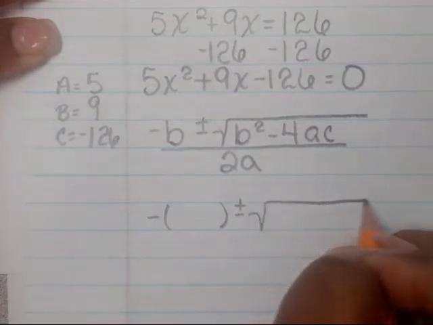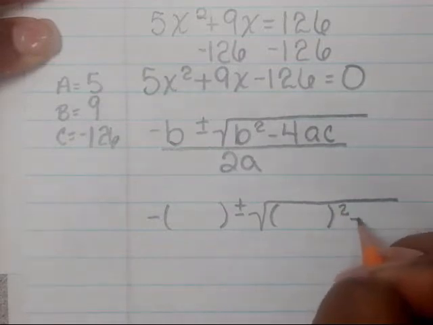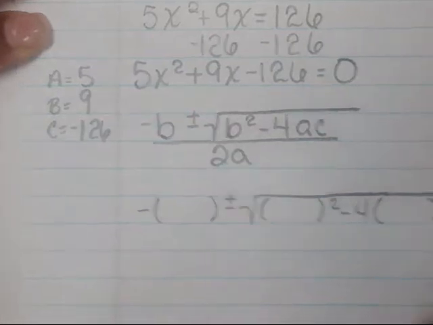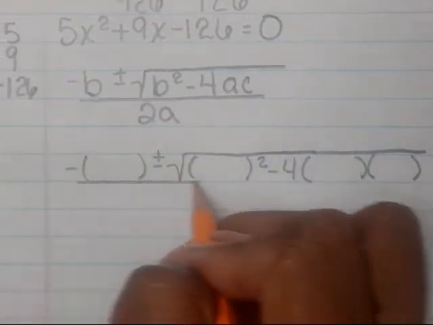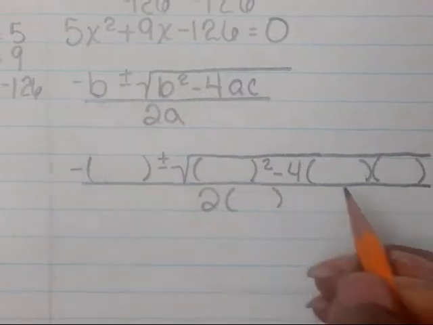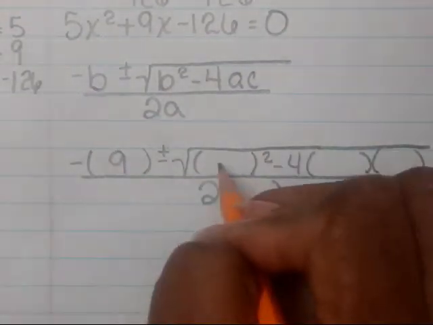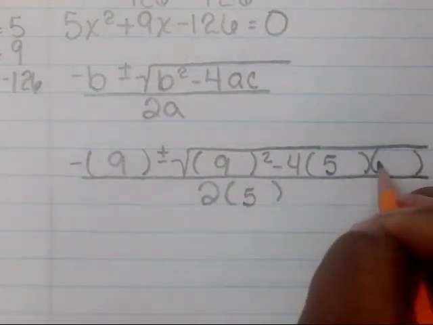So that's a negative b squared minus 4 times a times c, over so you can see it, over 2 times a. So b is 9, a is 5, and c is negative 126.